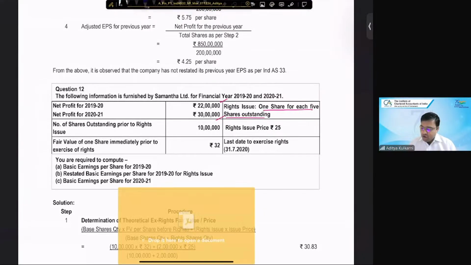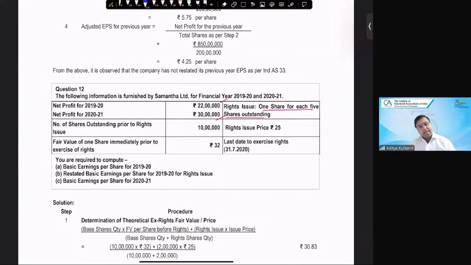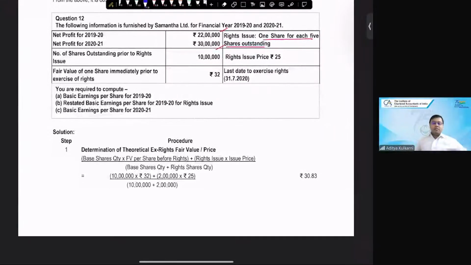If you follow this method, you will definitely get the marks. But let us now see how the institute has done, and why this is better: it avoids all this kind of differentials or messing up.